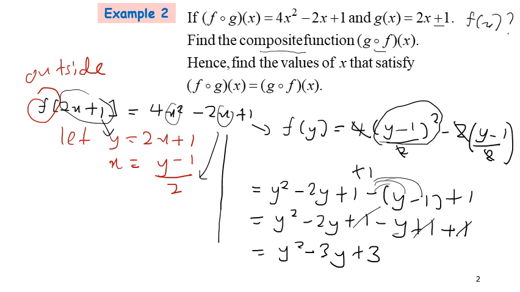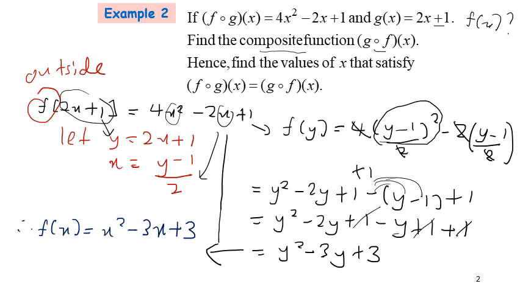So the last step after we find the simplified form, don't forget to substitute back, because the answer is in terms of x, right? So therefore f(x) equals x squared minus 3x plus 3. So this is the function f that you need to find.